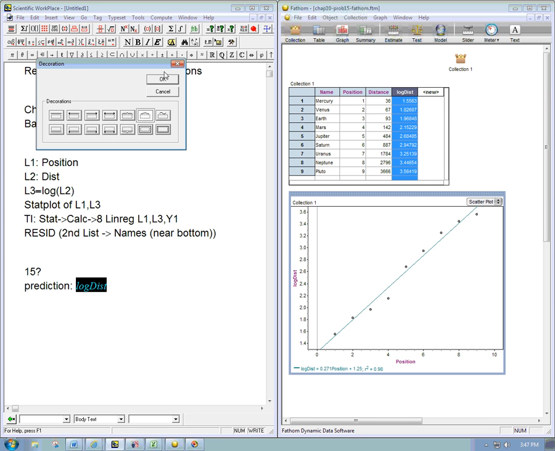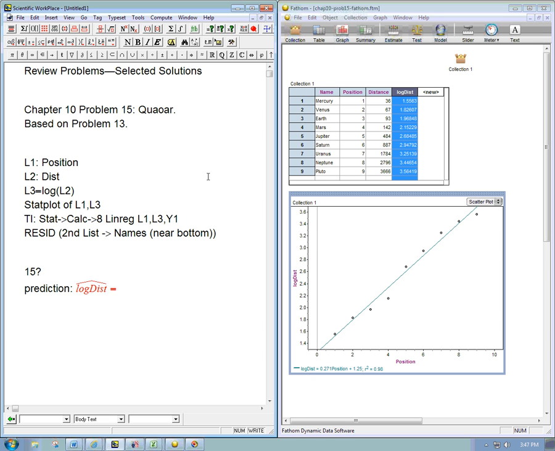So the predicted log dist equals, and I'm just getting it off of Fathom here, 0.271 times position plus 1.25. Okay, so we're just going to plug in 9.